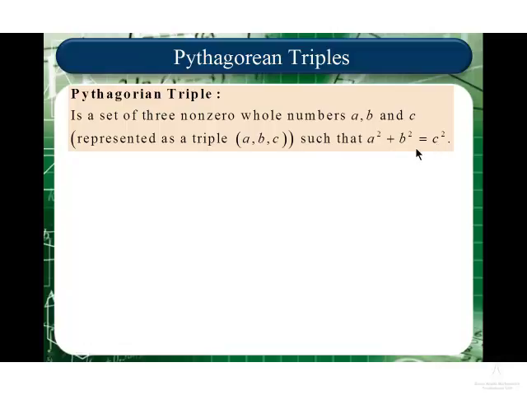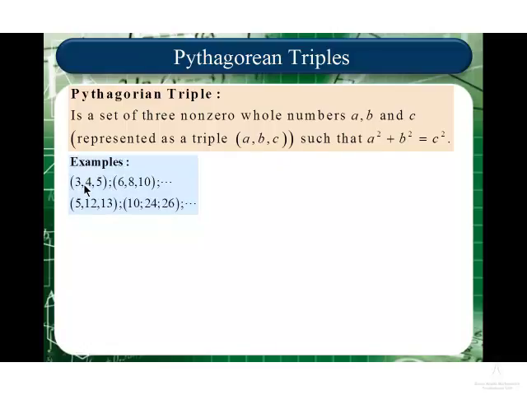But the question is, when will we have the case where A, B and C are whole numbers? If that occurs, of course, then we define the so-called Pythagorean triple. It just means that we can construct a right triangle with the side lengths exactly A, B and C in such a case. Let's have a look at some examples of Pythagorean triples.